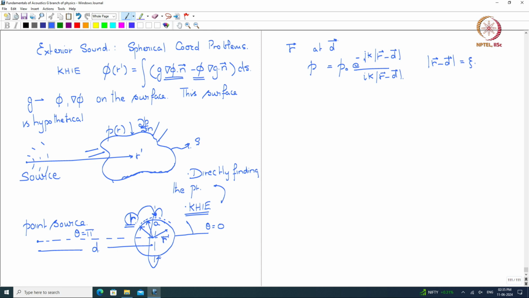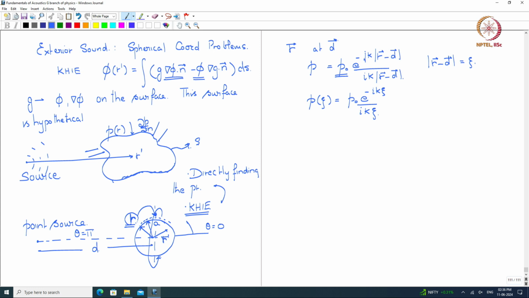Okay. So now I can write this pressure due to a point source using a Hankel function. It is written as: P of xi is equal to P0 e to the power of minus j k xi by j k xi.